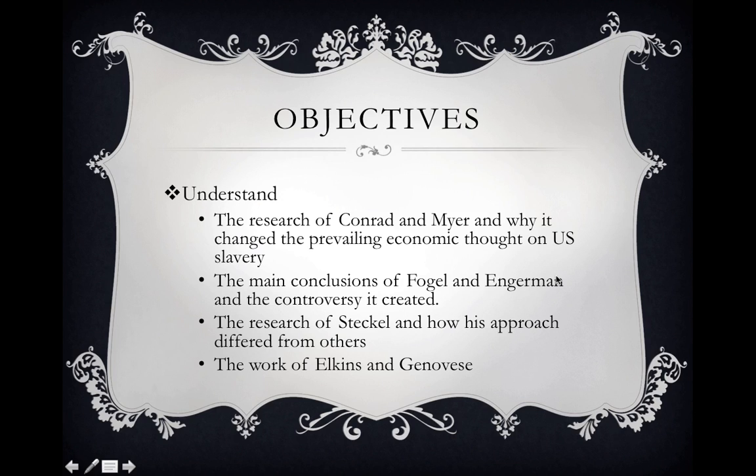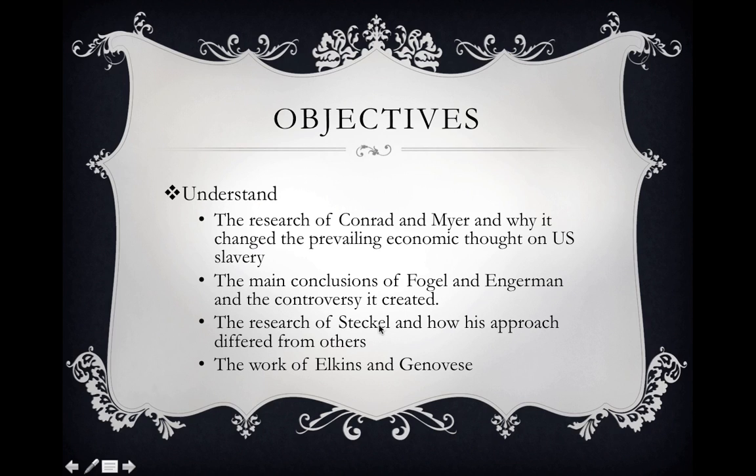Some of them are not too novel; they just underpin the research of CONRAD and MEYER. But they also have some controversial assertions. So we'll go over all those findings of FOGEL and ENGERMAN and go over the more controversial aspects of their research. Then we'll take a look at the research of STECKEL, particularly how his approach differed from other people's approaches.